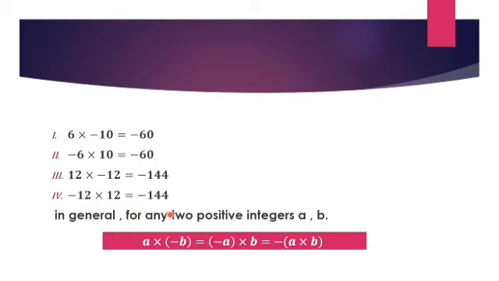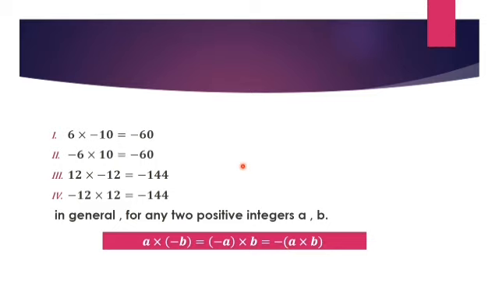In general, for any two positive integers a and b, consider a into minus b. 6 into minus 10 is minus 60, and minus 6 into 10 is also minus 60. Both are equal. So a into minus b is equal to minus a into b. We simply multiply a into b as whole numbers and put a negative sign before the product.